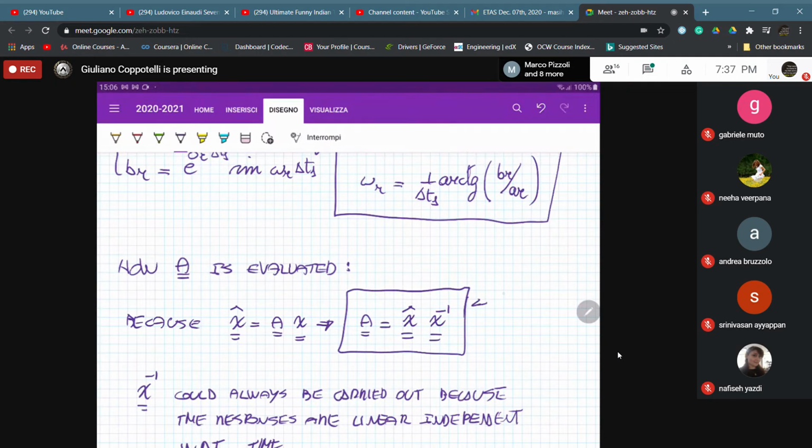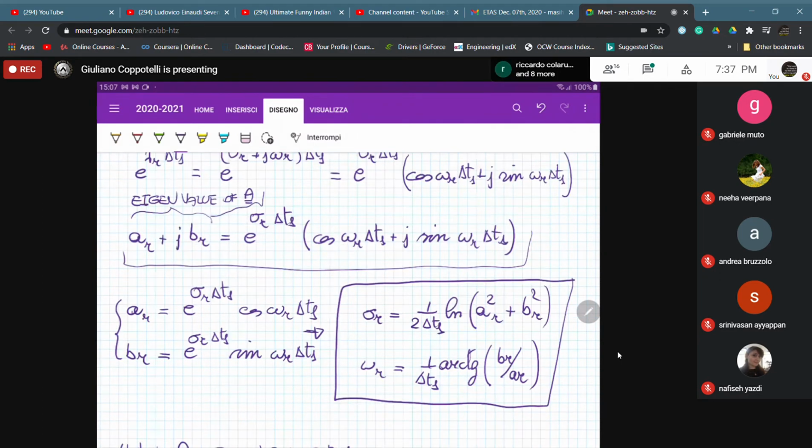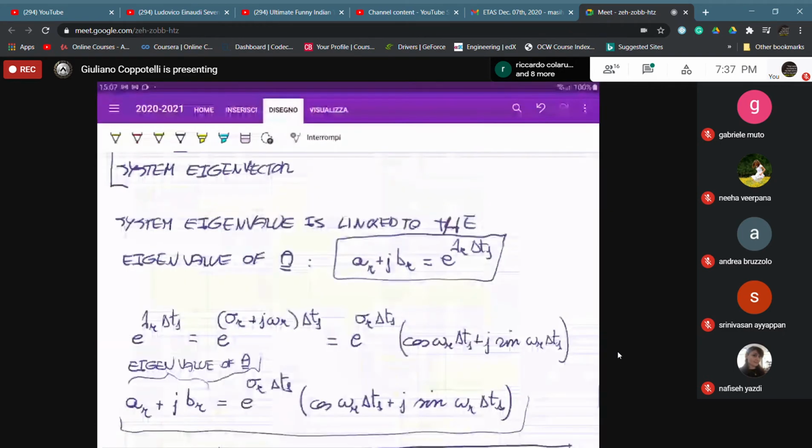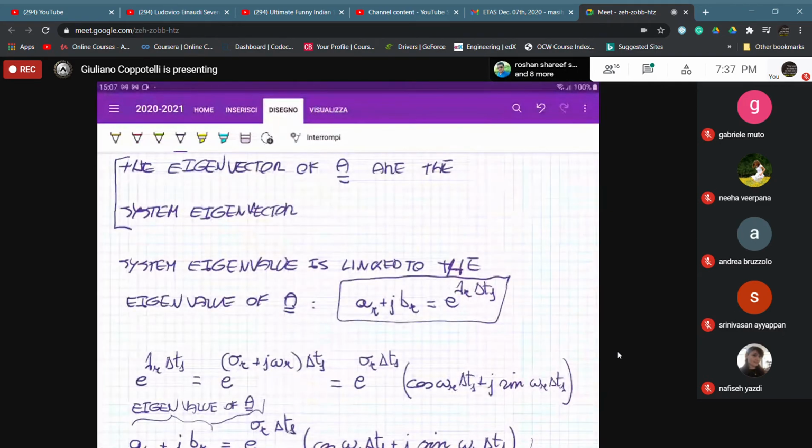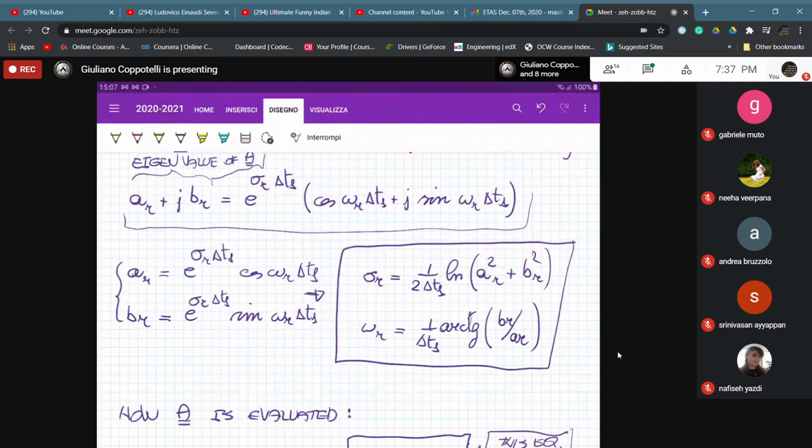So this equation is used to estimate A. Once we have A, the eigenvectors corresponding to the standard eigenvalue problem associated to A are just the system eigenvectors, the first set of unknowns that we know. Then the eigenvalues are derived from the eigenvalues of A using this equation. The real and imaginary parts are reported here as expected.